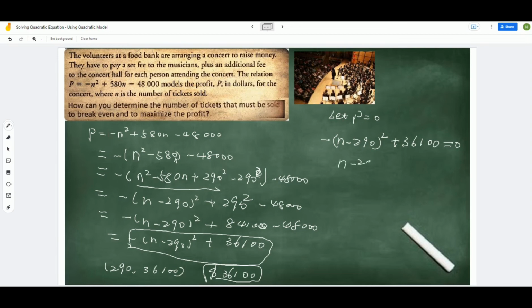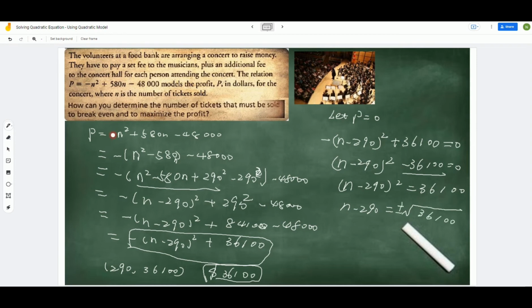Multiply both sides by -1, and let's go step by step. N minus 290 squared minus 36,100 equals 0. I move this number to the right, so n minus 290 squared equals 36,100. Take the square root of both sides: n minus 290 equals plus or minus the square root of 36,100.